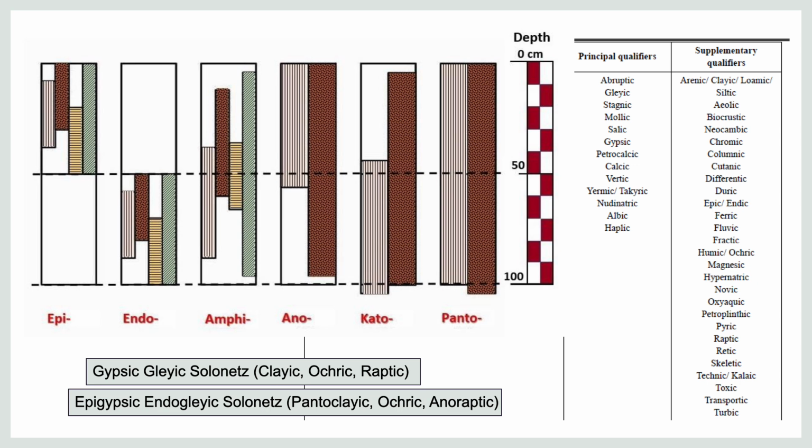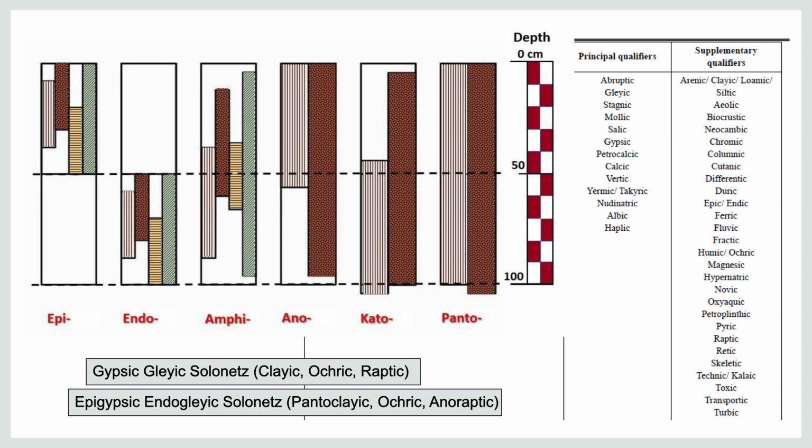We also have the term kato, and the term kato is used for those diagnostic horizons or diagnostic properties that start after 0 but before 50 and end at 100 or after 100. So kato means that they start after 0 but before 100 and they end at 100 or after 100.